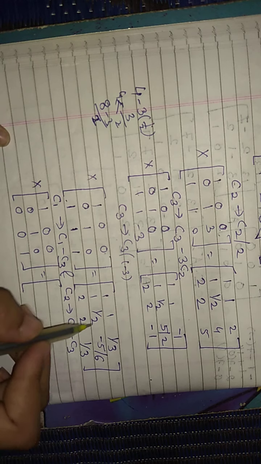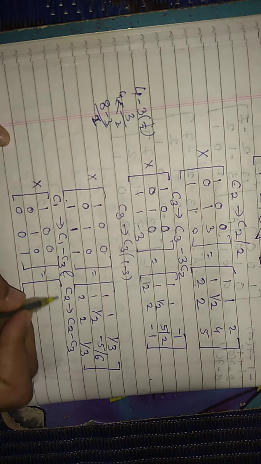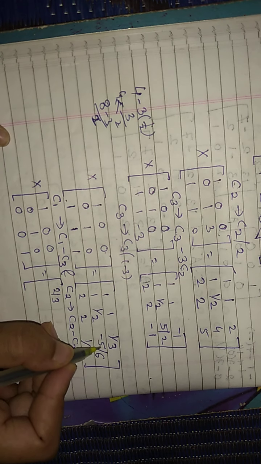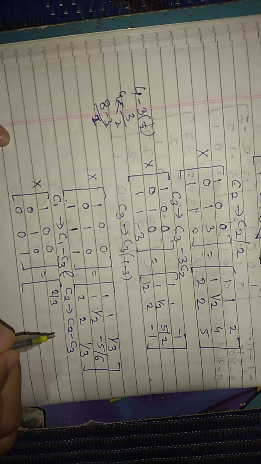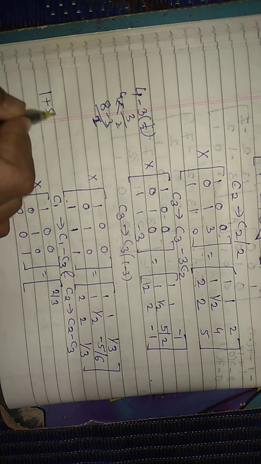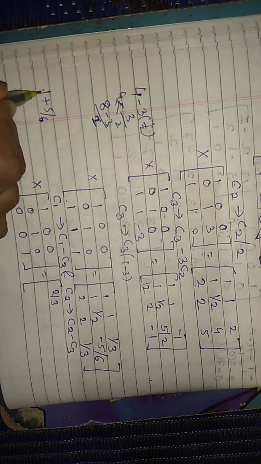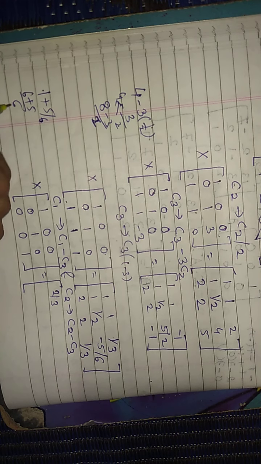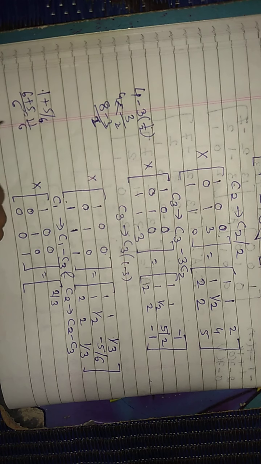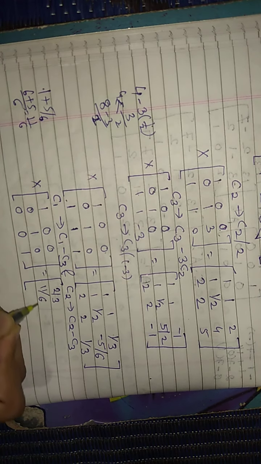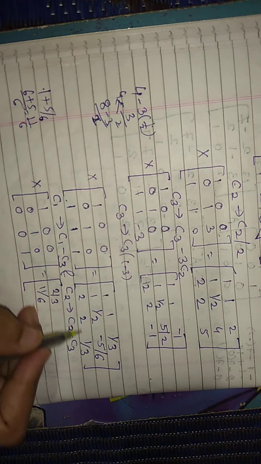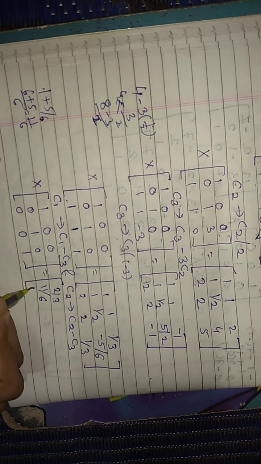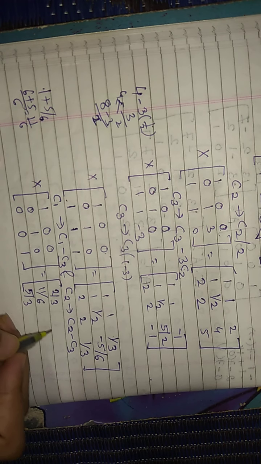Similarly here, 1 minus 1 upon 3 is 2 upon 3. 1 minus minus 5 by 6: minus minus becomes plus, so 1 plus 5 by 6. 6 into 1 is 6, 6 plus 5 upon 6, 6 plus 5 is equal to 11 upon 6. 2 minus 1 upon 3, we get 5 by 3.